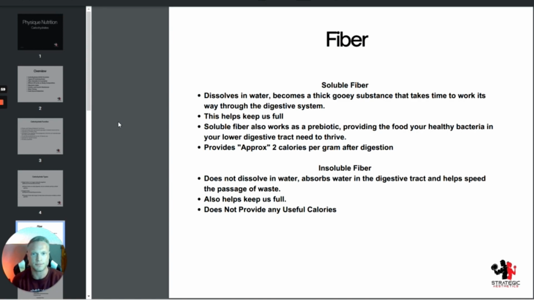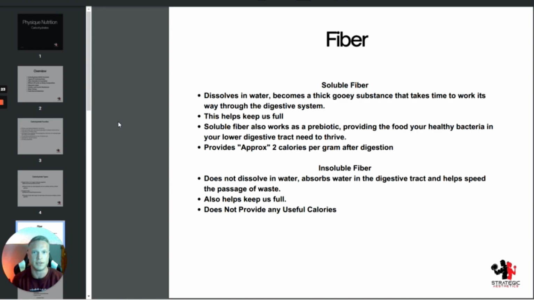Okay, so fiber. There are 2 types of fiber: soluble and insoluble. Basically the difference is that soluble fiber dissolves in water and insoluble fiber does not. And they're both important for digestion. Soluble fiber becomes a thick, gooey substance that takes its time to work its way through our digestive tract.